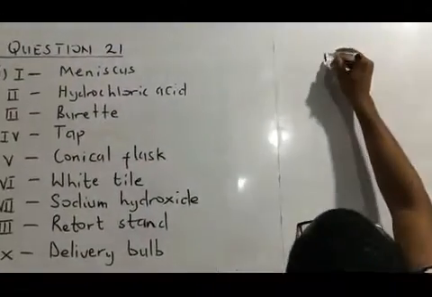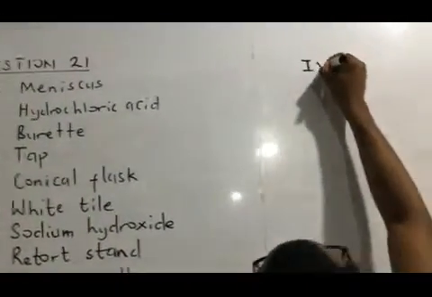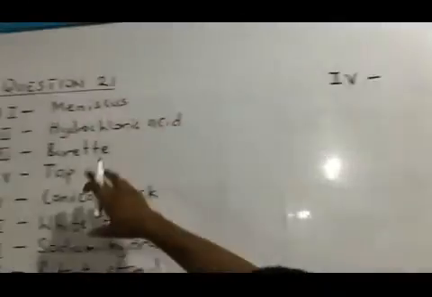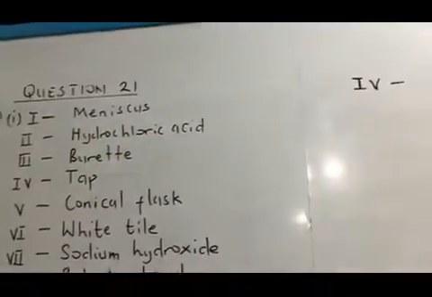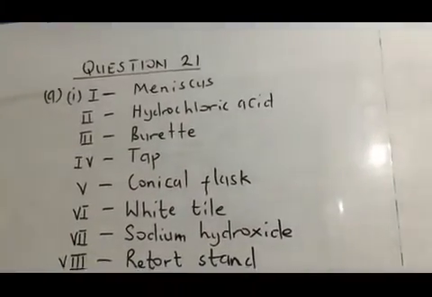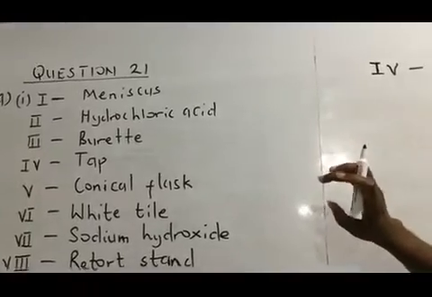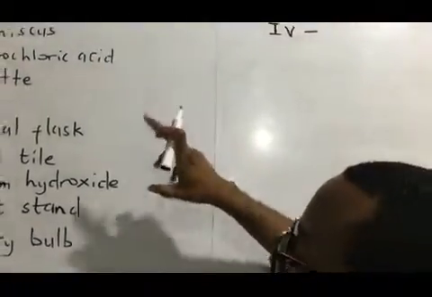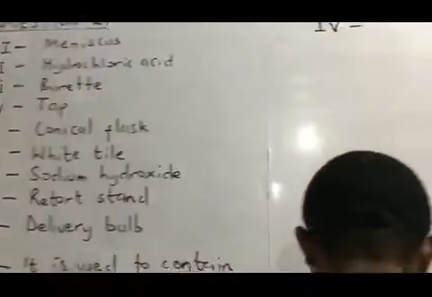You're also supposed to give the function of IV. The IV is what? The tap. So what's the function of the tap? I told you the tap controls the movement of the acid in the burette into the conical flask.